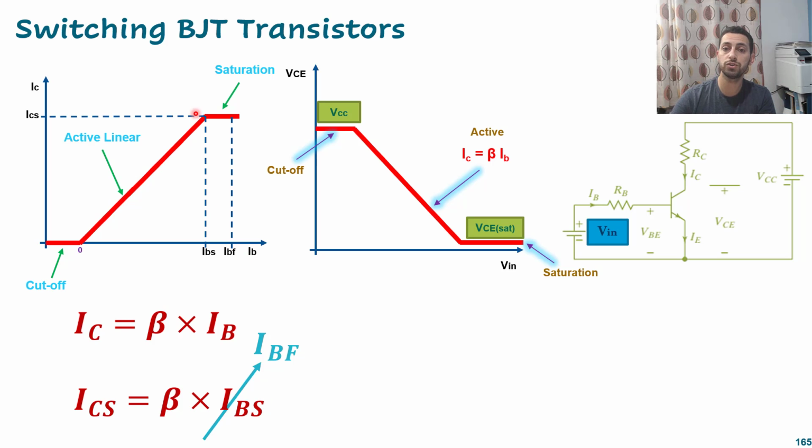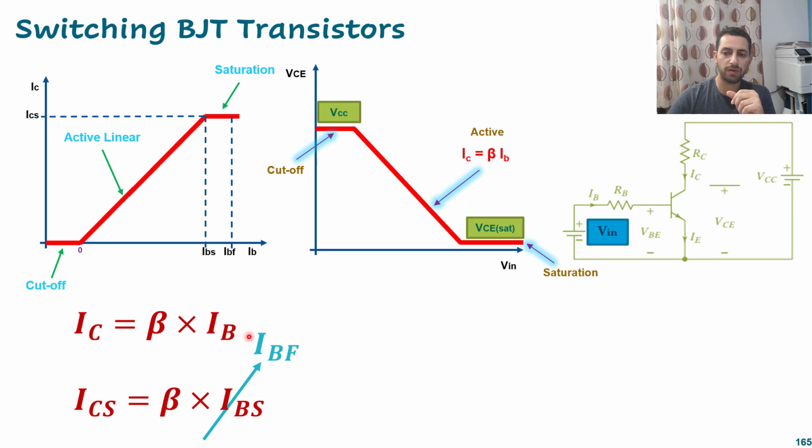Why? Because I want to push it into saturation more. So what's the point of saturation more? That means VCE sat will be less, because if you push it to saturation more, the VCE sat will be less. That means less conduction losses, okay? But there are some other drawbacks. I will talk about it later.